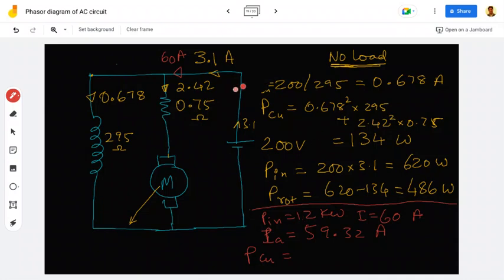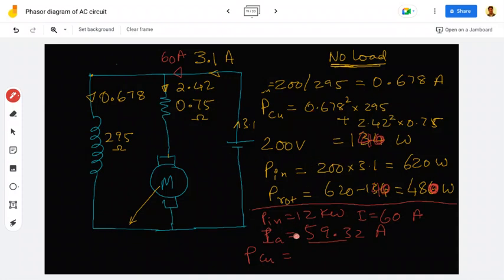Sorry, 140. It is saying 139.99, so it should be 140. If this is 140, then the rotational loss will be 480. Okay, thanks.